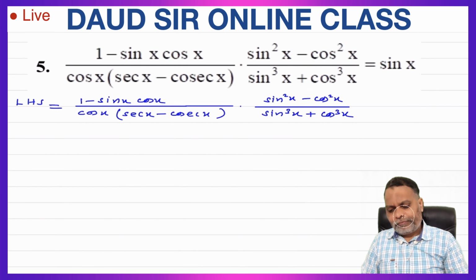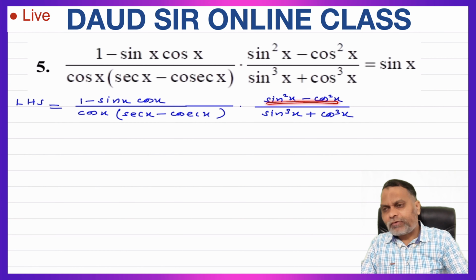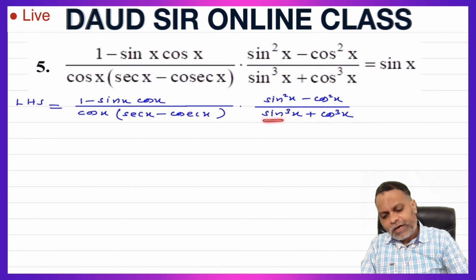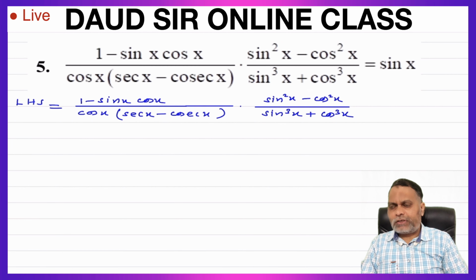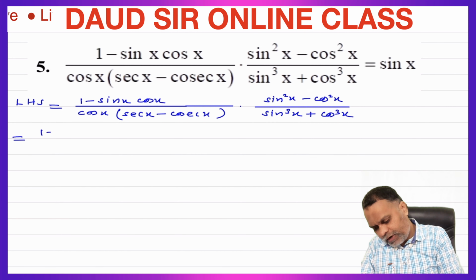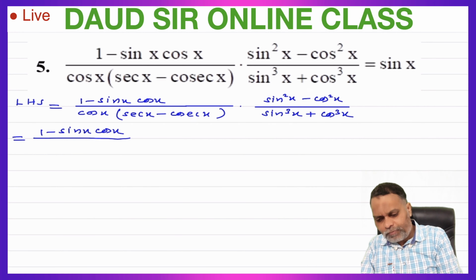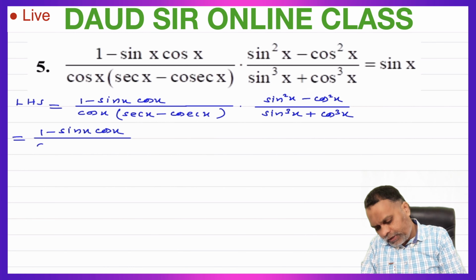So here we can apply the identity a square minus b square, here a cube plus b cube, and convert this sec and cosec into sin cos. So this 1 minus sin x into cos x upon this cos x.